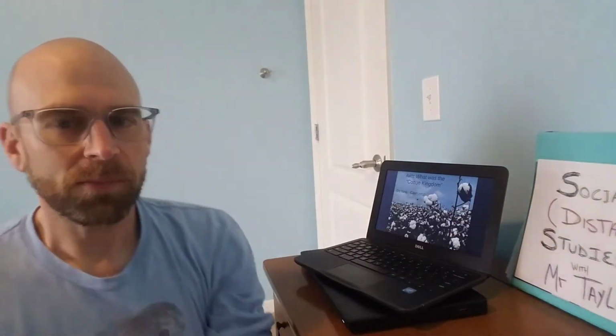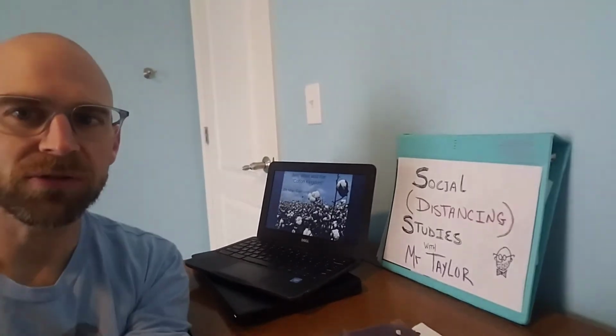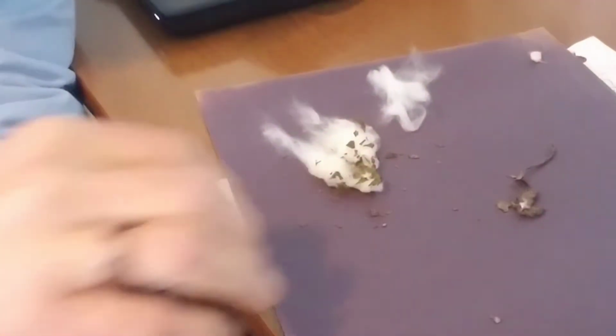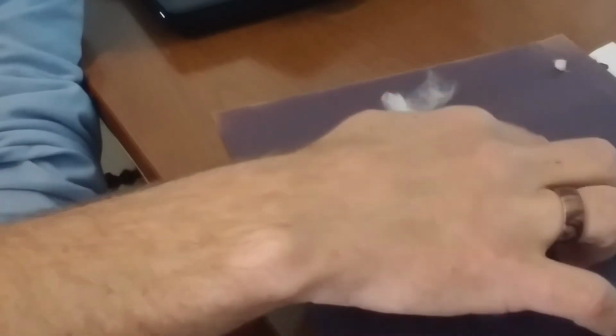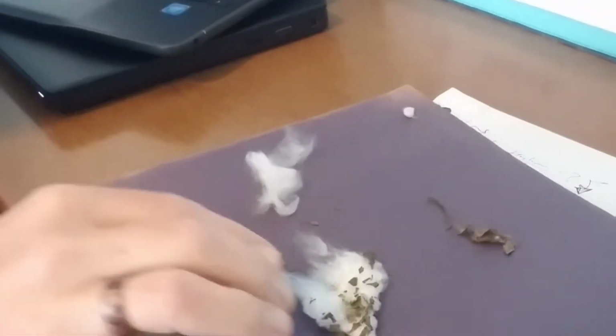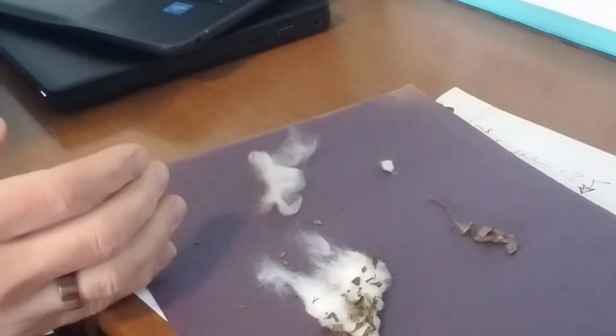So what was happening is that literally you would have slaves that would pick the cotton out of the fields, and then they would have to come and they would have to pull apart this cotton and take the fluff out of the stems and out of the seeds.